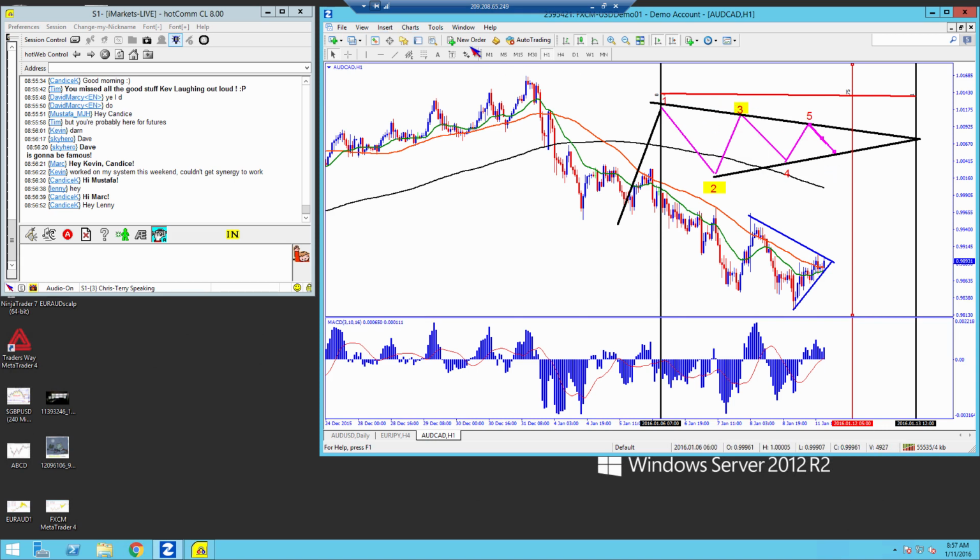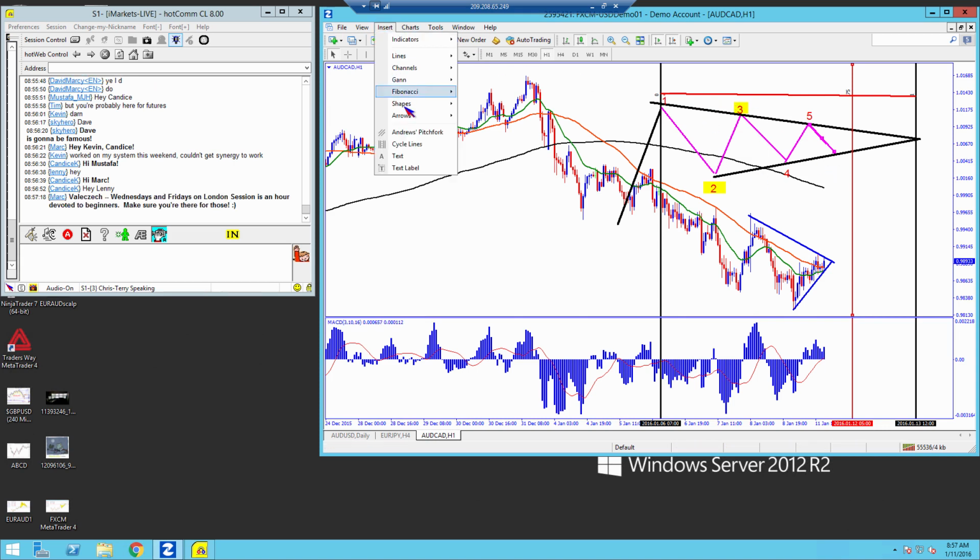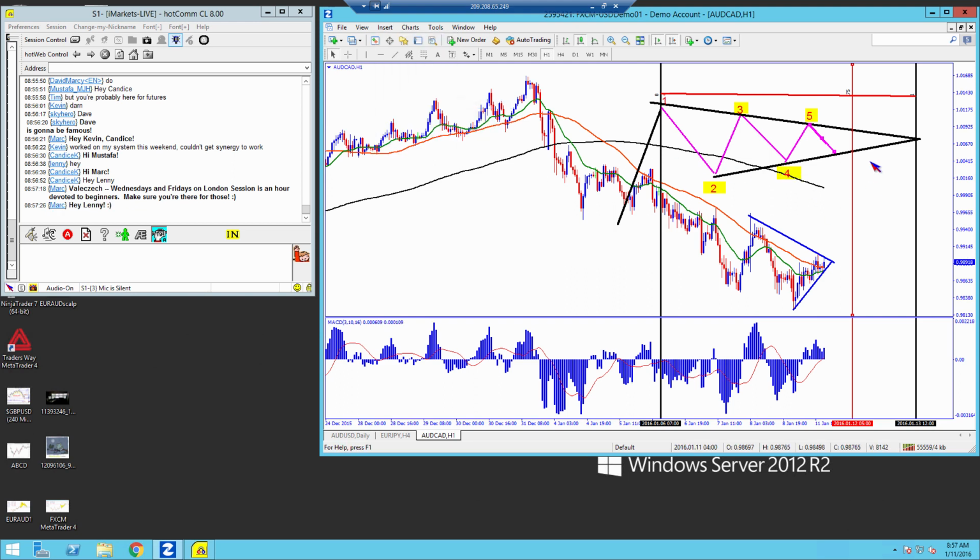So these data points are really the most important. Then you're looking at the zone where time has to come into play. Remember, there's always price and there's always time.